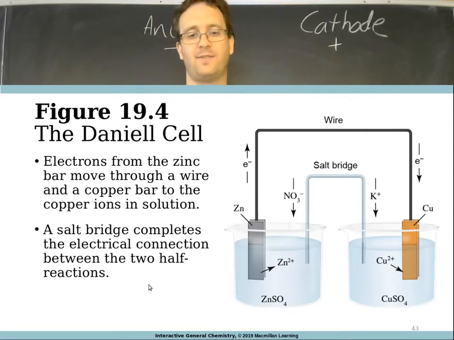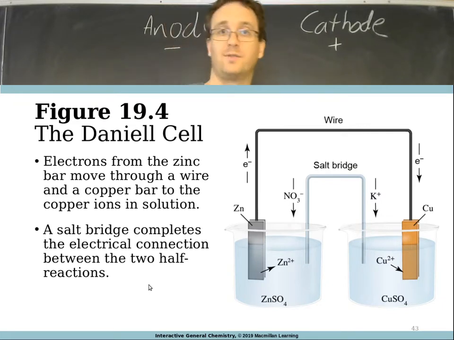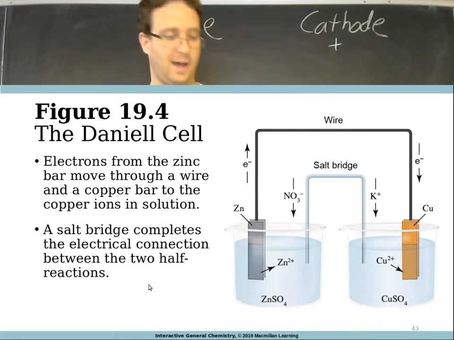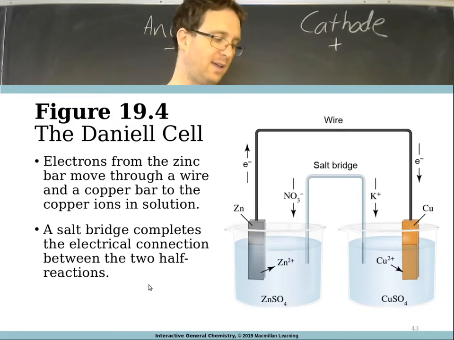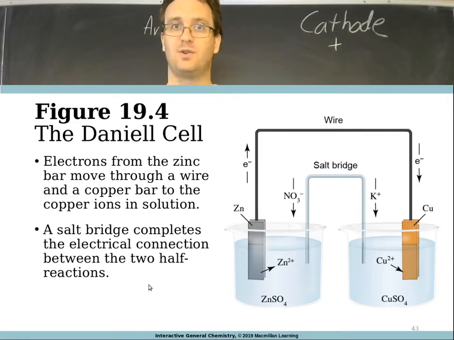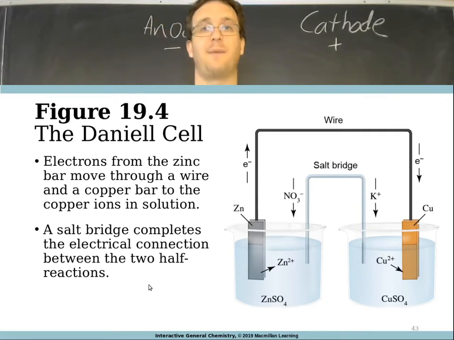So each half cell, which contains half of the chemical reaction, say the oxidation of zinc in the anode half cell or the reduction of copper in the cathode half cell, each half cell will have its own electrochemical potential or voltage. And it's the combination of the electrochemical potentials or voltages of the two half cells that will give you the voltage of the voltaic cell overall, or the battery voltage. And we'll cover that in the next section, how to handle that mathematically.